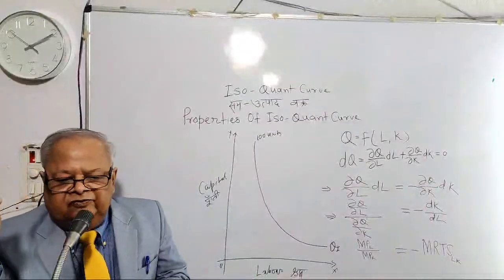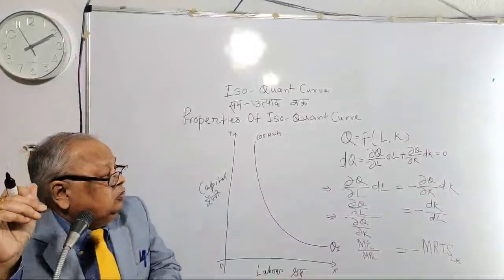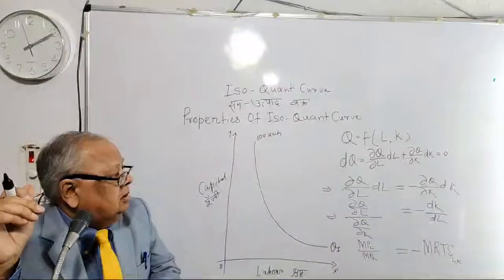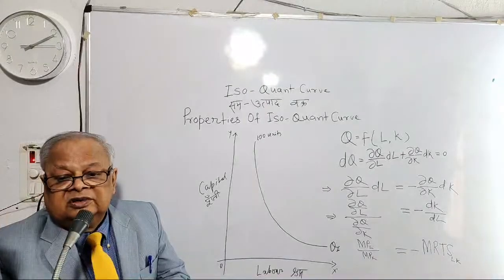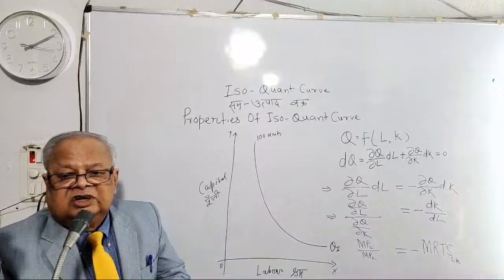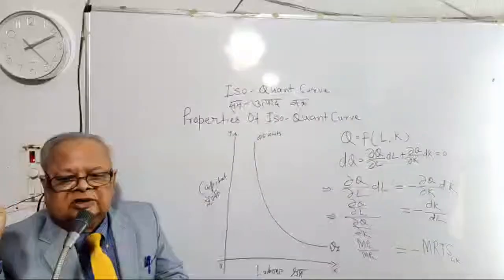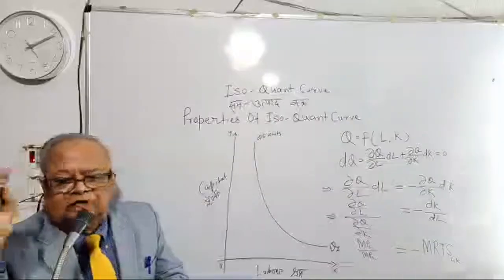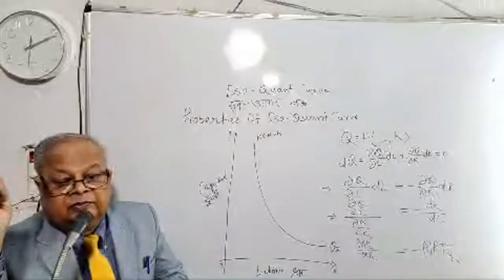What we find is the first necessary condition for maximum, and the objective of the producer is to produce maximum output with the help of labor and capital.